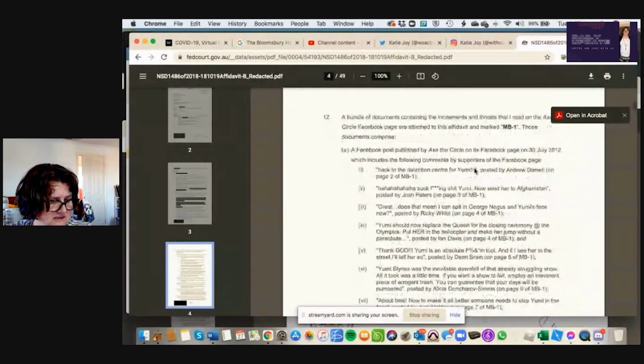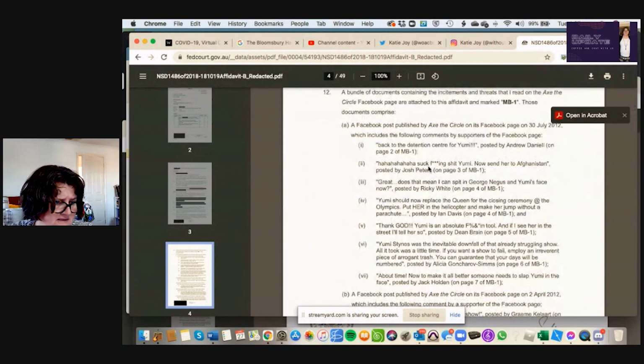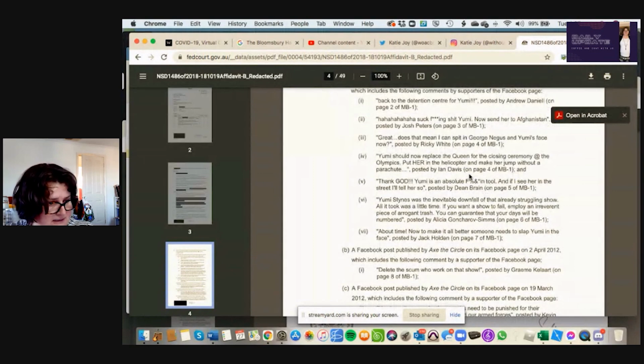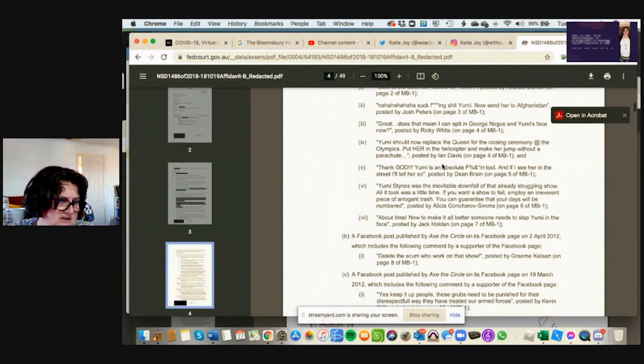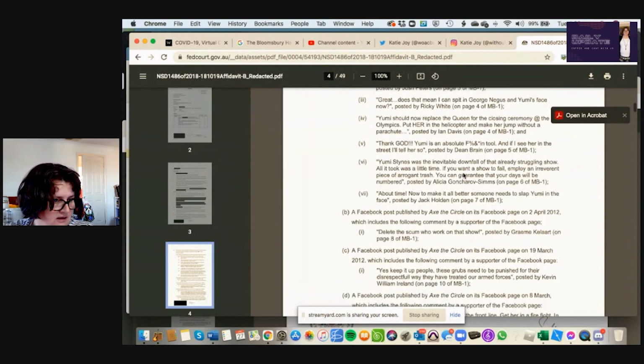Those documents describe a Facebook page: back to the detention centre for Yumi, ha ha ha, suck, now send it to Afghanistan. Great, does that mean I can spit in George Negus and Yumi's face now? Yumi should replace the Queen at the closing ceremony at the Olympics, put her in the helicopter, make her jump without a parachute. Absolute tool.